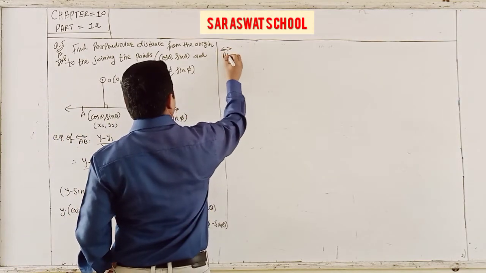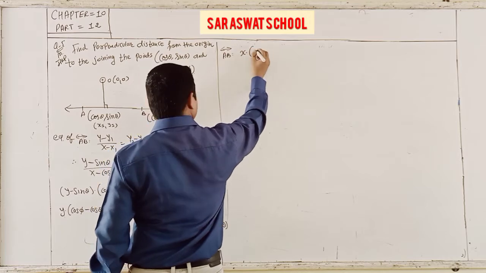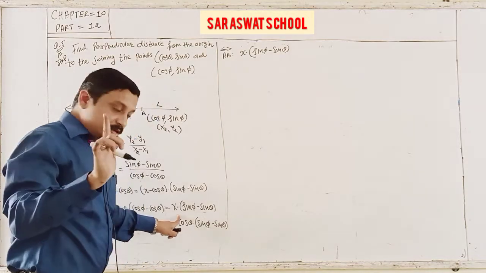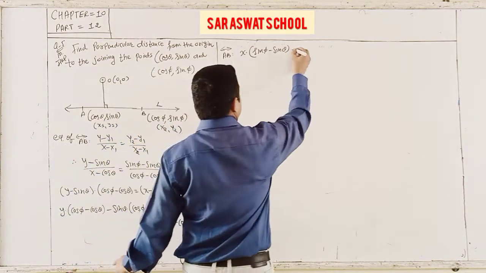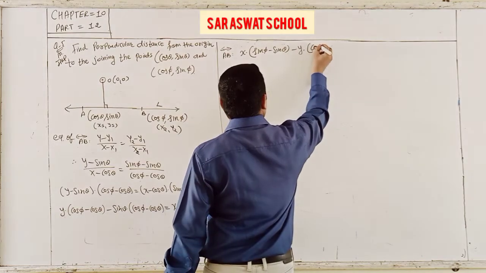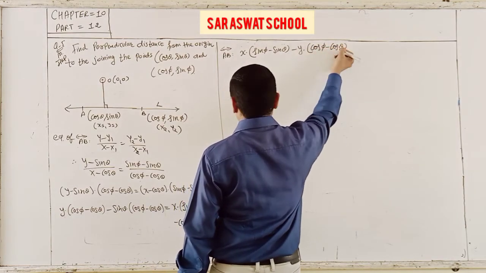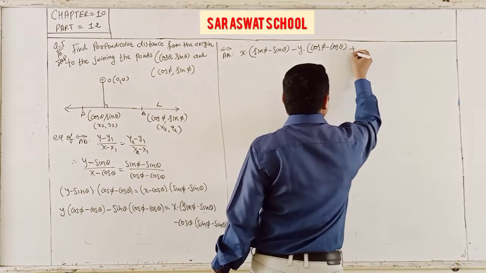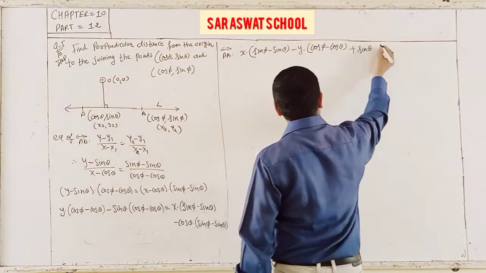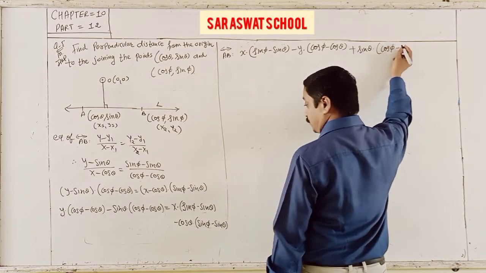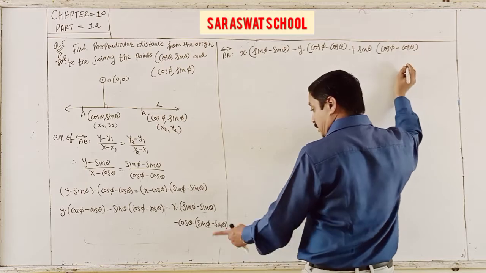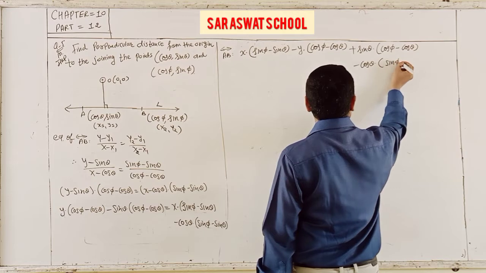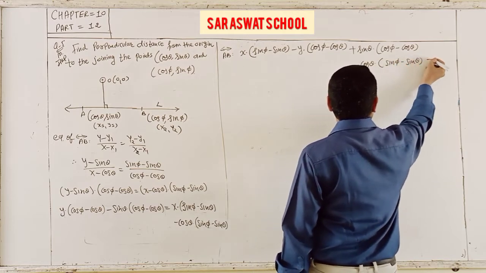So AB line: x with sin phi minus sin theta, then after this I write down minus y with cos phi minus cos theta, and on the right side taking it left, plus sin theta with cos phi minus cos theta, and same as minus cos theta with sin phi minus sin theta is equal to 0.